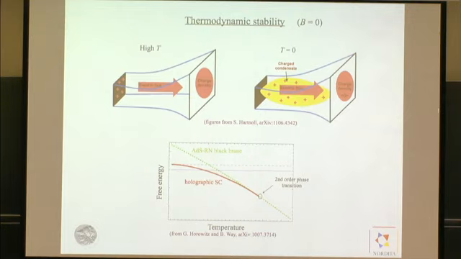What you find is that at high temperatures you only have the AdS black brane, and as you lower the temperature you find that there is a branch which is the holographic superconductors. These are the hairy black branes, and they actually have a lower free energy, and there's a phase transition here which is a continuous second order phase transition.